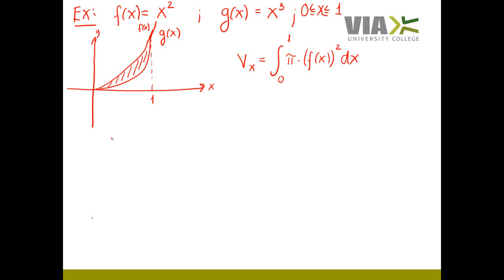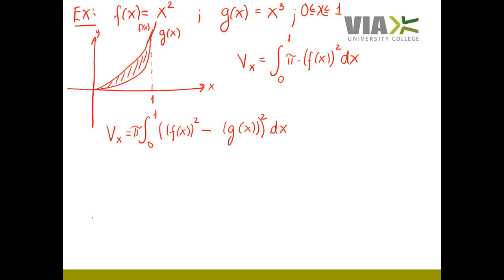So that's what we will do. So Vx must be equal to the integral from 0 to 1 of pi, and pi is just a constant, so I'll move that out of the integral sign. So the integral will be the upper function squared, which in this case is x squared, so we could start by saying f(x) squared subtracted with the lower function squared, which is g(x) squared dx.